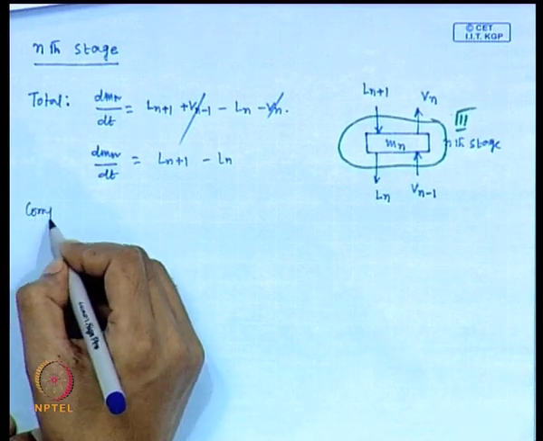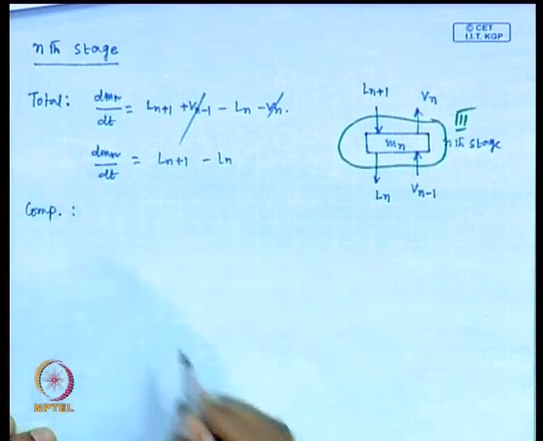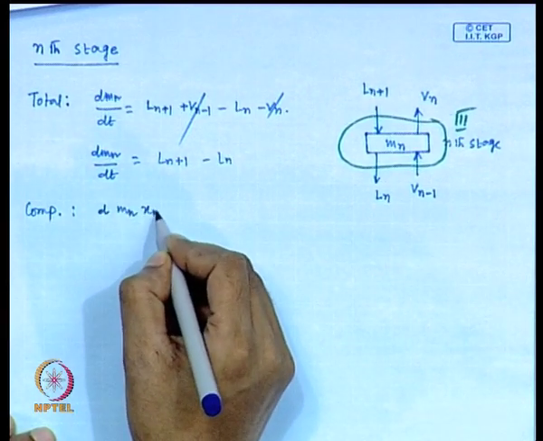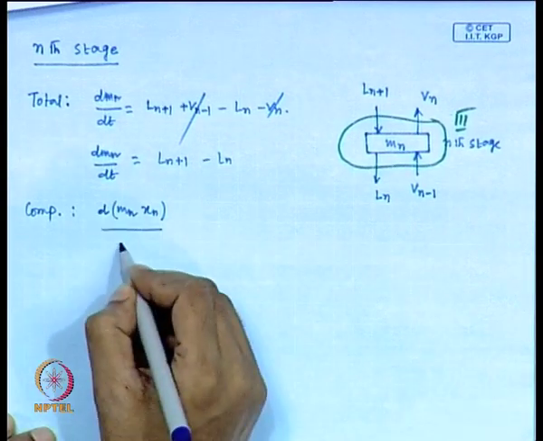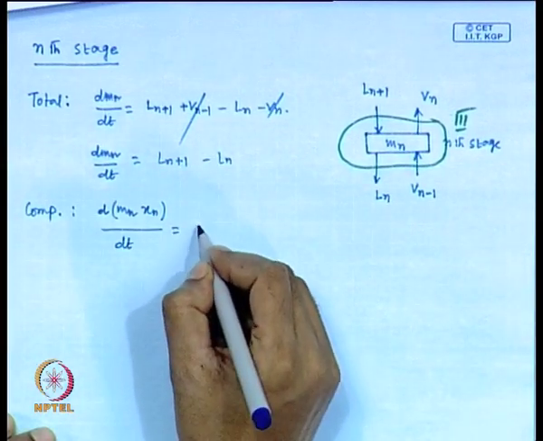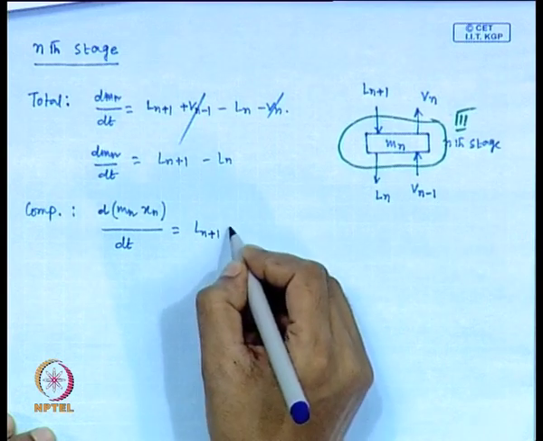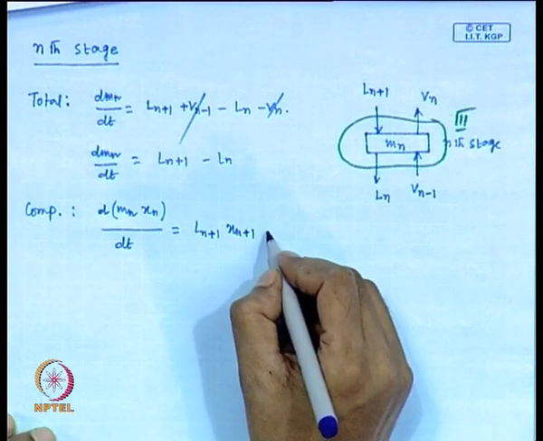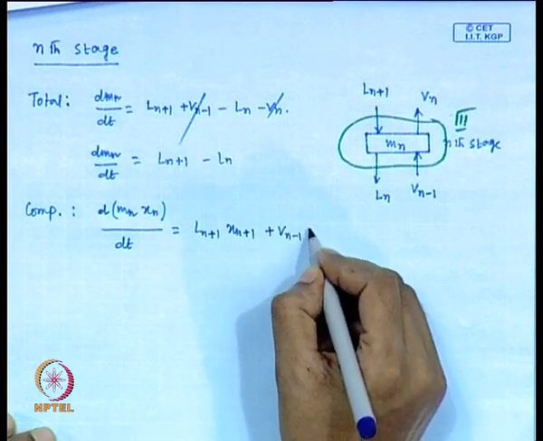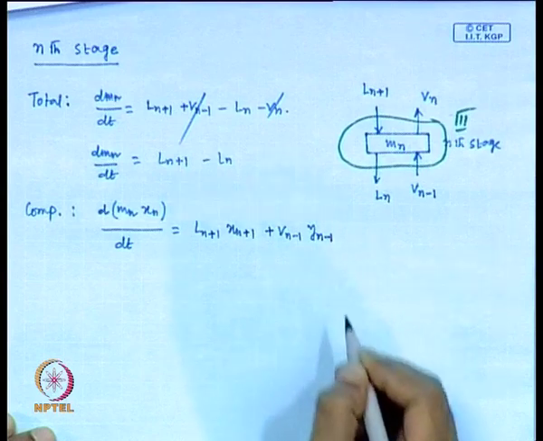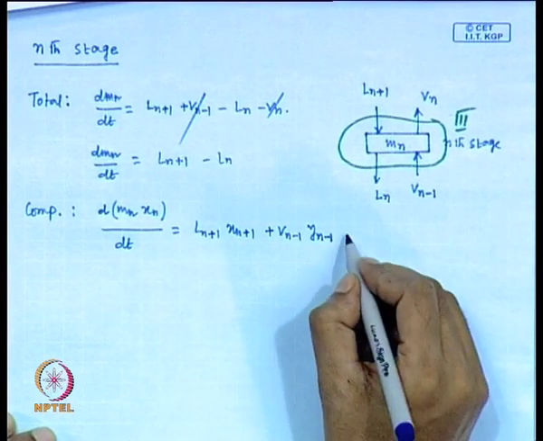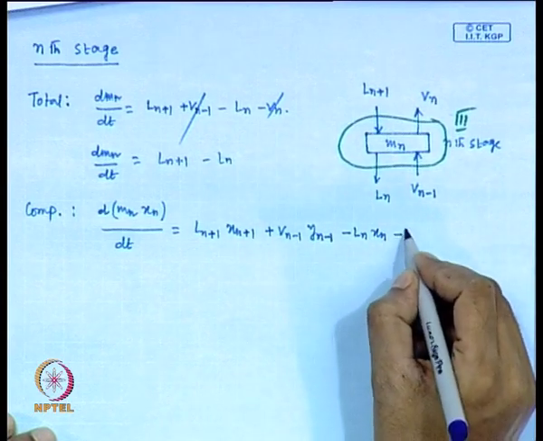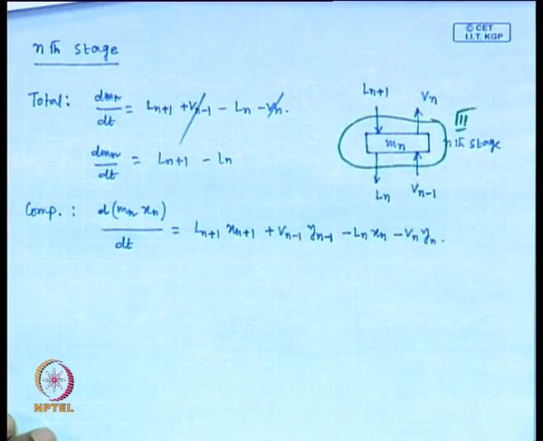What will be the component mass balance? d(mn xn)/dt equals L n plus 1 x n plus 1 plus V n minus 1 y n minus 1 minus L n x n minus V n y n.